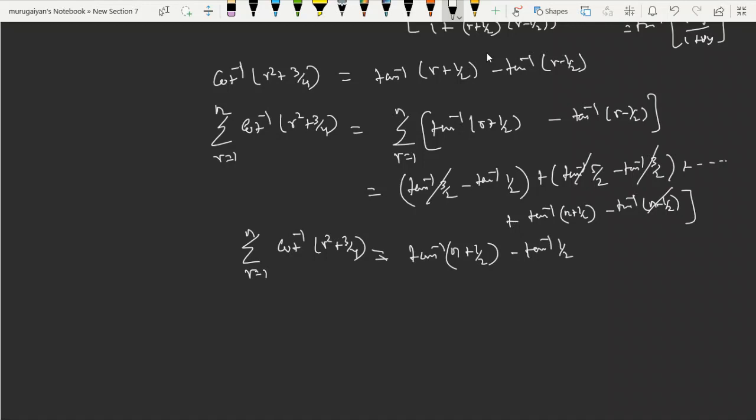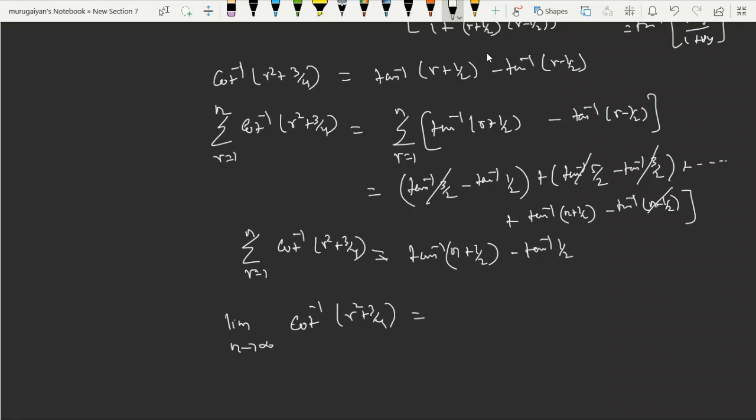Correct? For the actual question, we should take the limit as n approaches infinity.